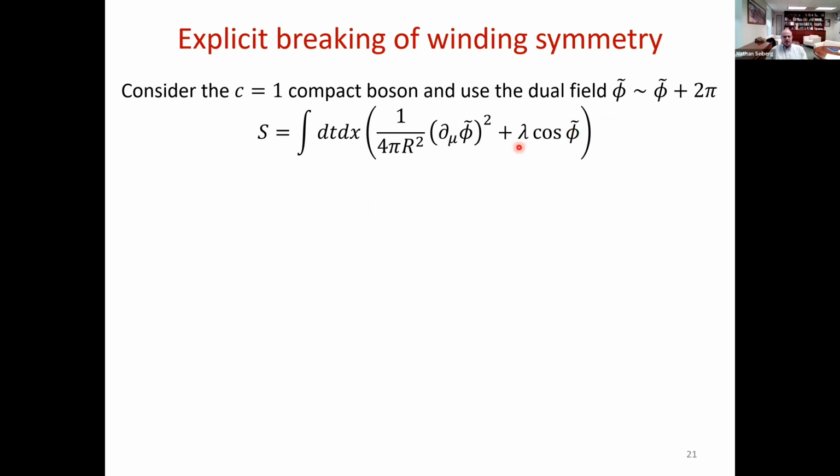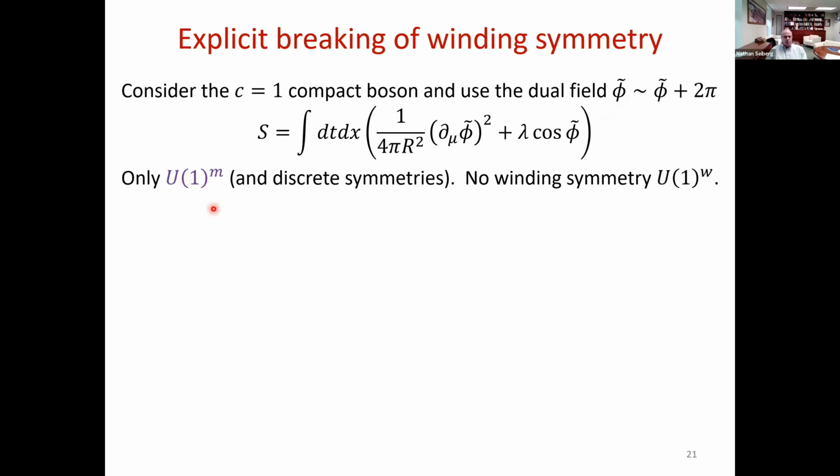It does not have the winding symmetry because of the cosine phi tilde. And this is winding symmetry because we use the dual variables. So we have only the U(1), the momentum symmetries. I'm using the string theory terminology. In condensed matter physics, this U(1) is called charge, and the winding symmetry is called vorticity. So we have only the momentum symmetries, but no winding symmetry.